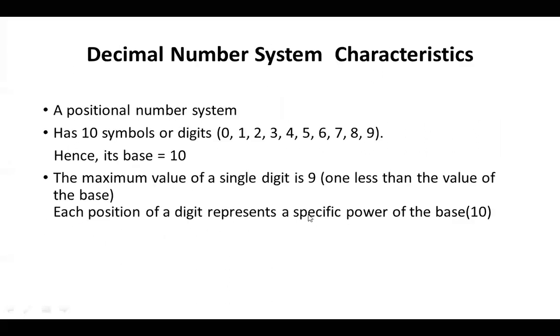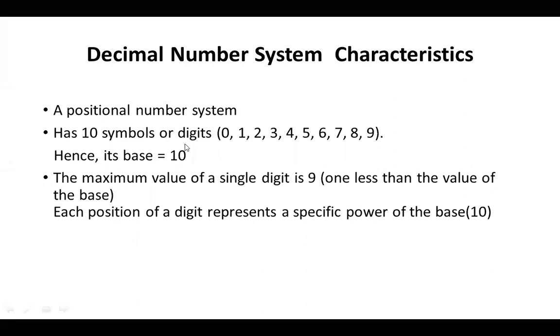Now the decimal number system is again a positional number system. It has 10 symbols, digits, from here to here. The base will be 10. The maximum value of a single digit is 9. If you count from here to here, the maximum value a positional number system can have will be 1 less than the base.